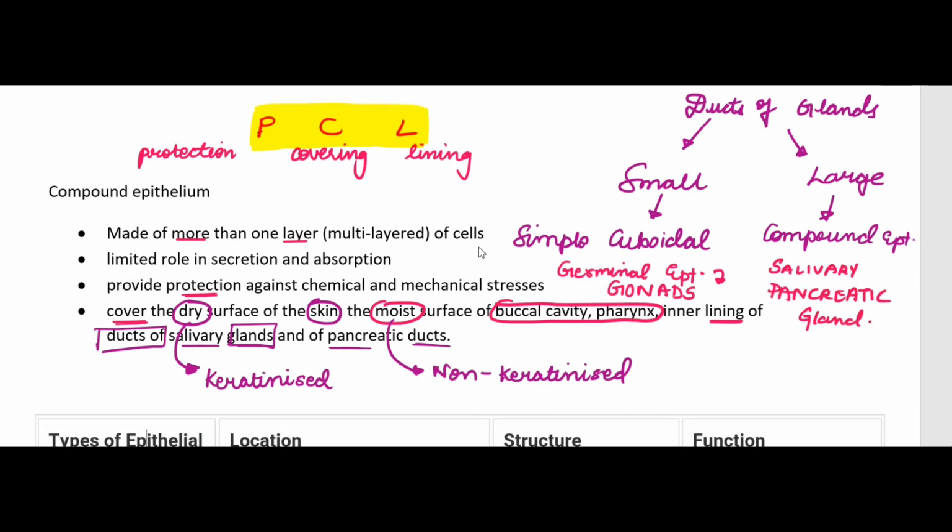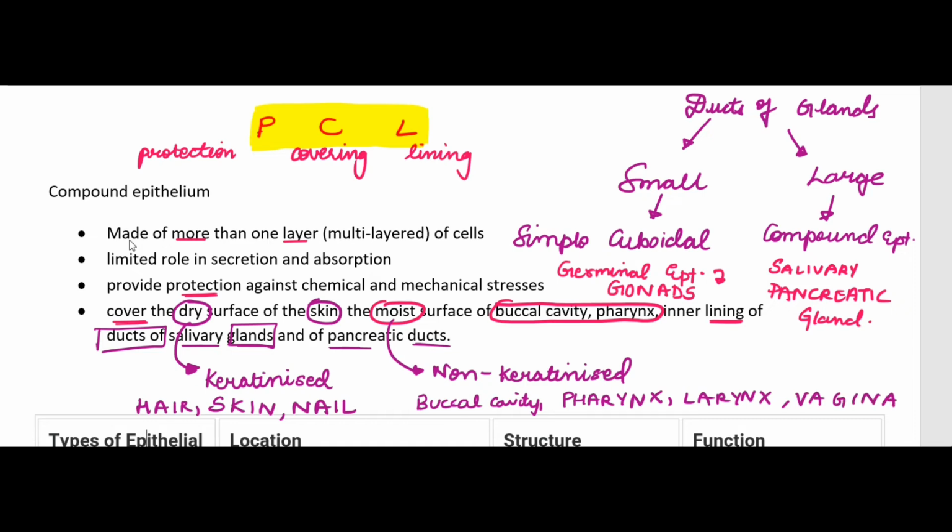So be careful. Another new term I told you is keratinized and non-keratinized. Keratinized is the one covering dry surfaces like hair, skin and nail, and non-keratinized is covering moist surfaces like the buccal cavity, the larynx, the pharynx and the vagina. So this is all about the different types.